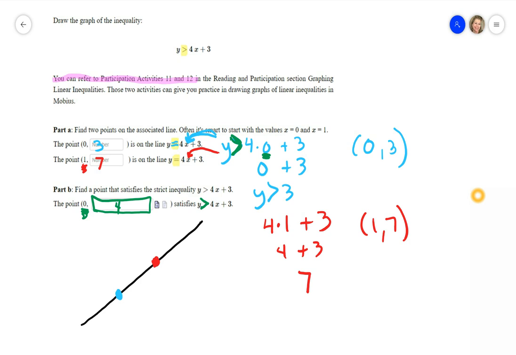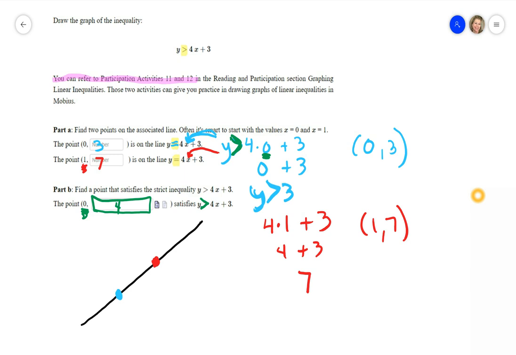When x is 0, y equals 3. But when they say when x is 0, y can be greater than 3, that would be 4 or 5 or 6 or 7.2. There's just a bunch of numbers you could put in there.